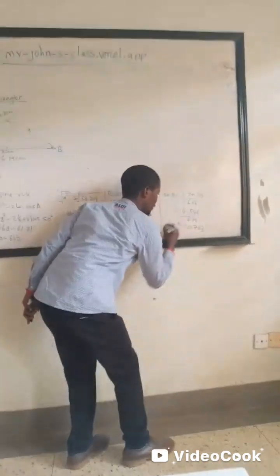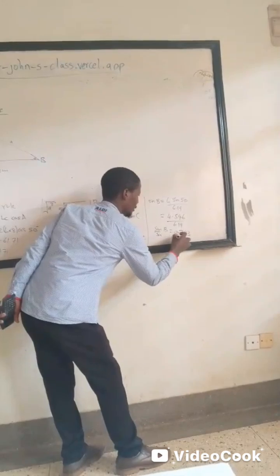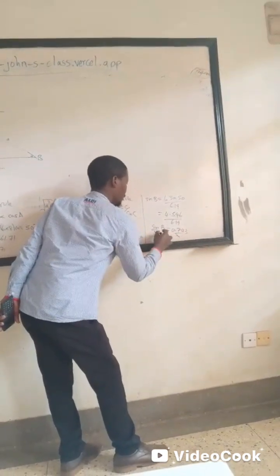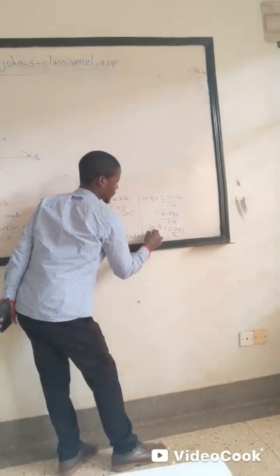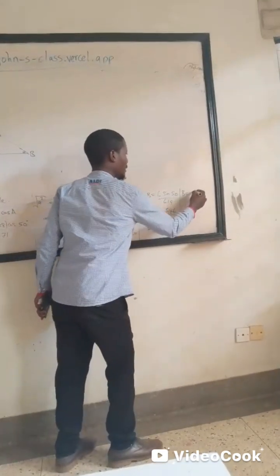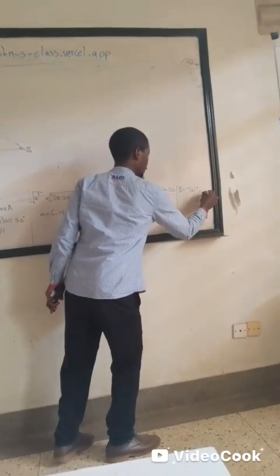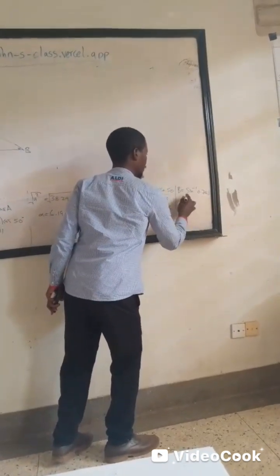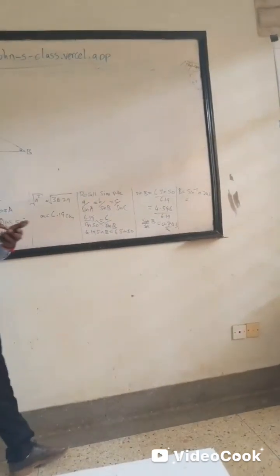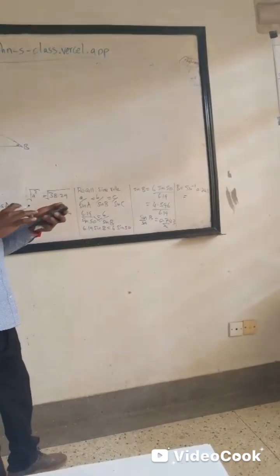Sine B is equal to that. So we want to get the exact angle. If we divide by the sine here, it means B is the same as the sine inverse of 0.743.